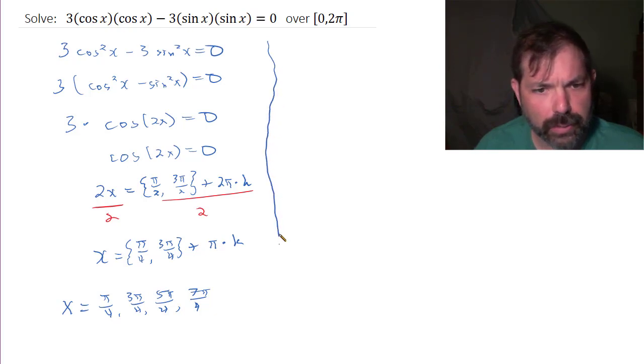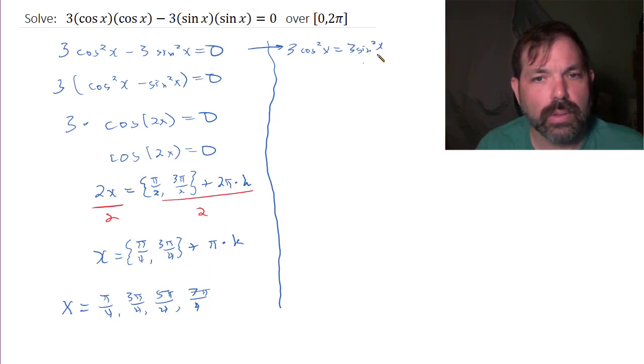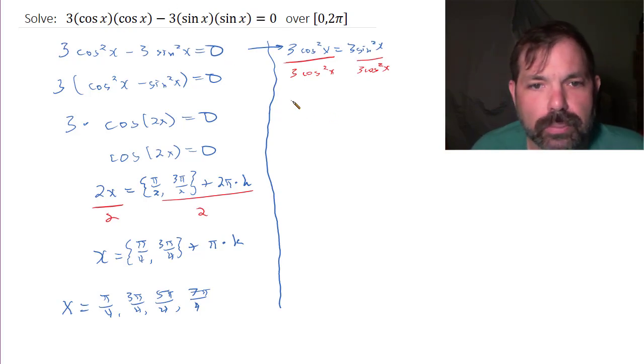Another approach one could take would be, from this point, we could rewrite this as 3 cosine square x equals 3 sine square x. And let me divide through by the 3 cosine square x. We don't usually like to divide through by variable factors, but it works in this situation.